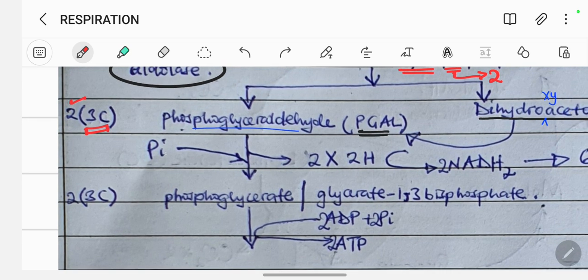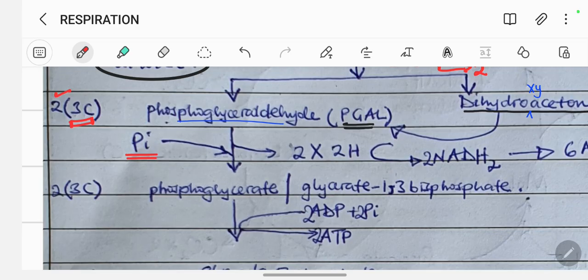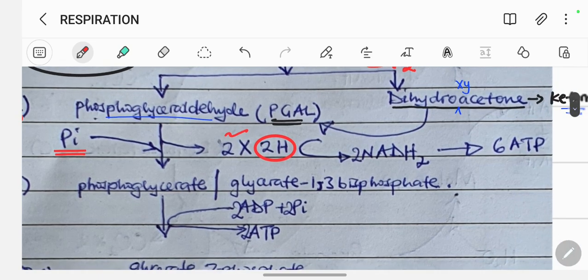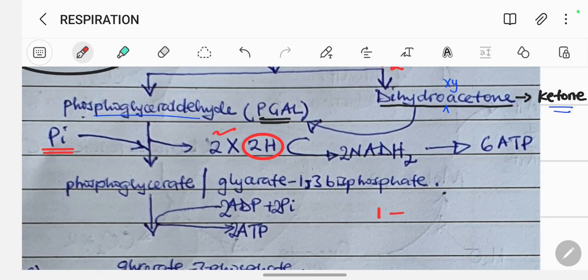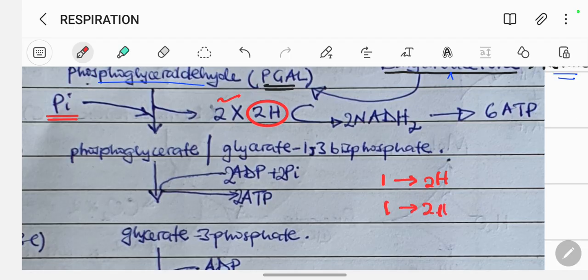Then after, we have to pump in an inorganic phosphate. As we push in an inorganic phosphate, it is going to react with the phosphoglyceraldehyde, and we lose 2 hydrogen atoms from each 3 carbon compound. So if one phosphoglyceraldehyde gives me 2 hydrogens and the other one gives me 2 hydrogens, they are going to give me 4 hydrogens.